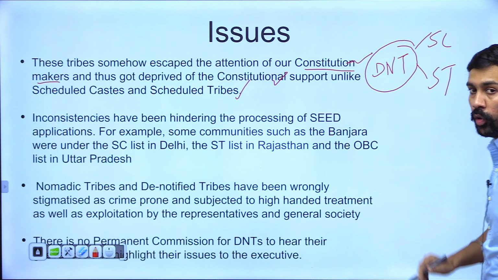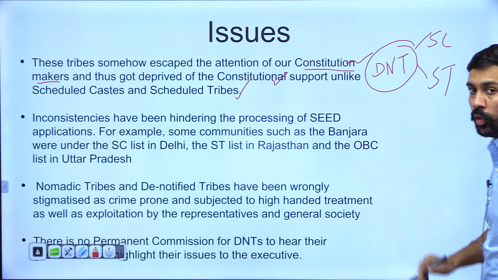But if some caste or some tribe is notified as an SC, the government may restrict the eligibility criteria. So inconsistencies are there with respect to their classification. As such, there is no uniform classification with respect to denotified tribes. According to the whims of the different state governments, they are classified into different vulnerable section categories: SCs are there, STs are there, or OBCs are there.